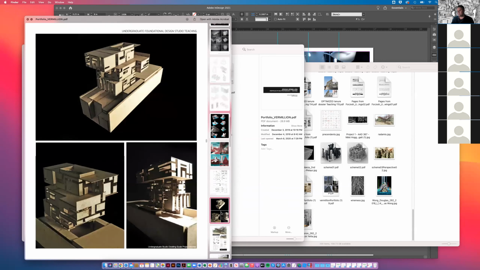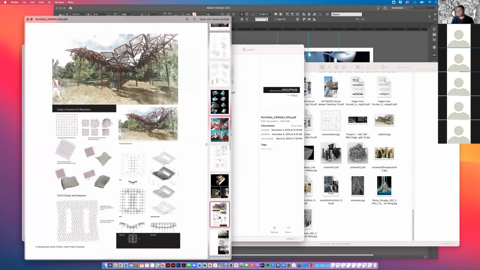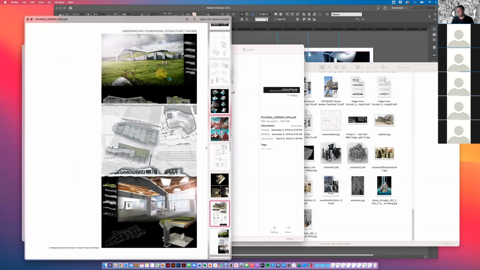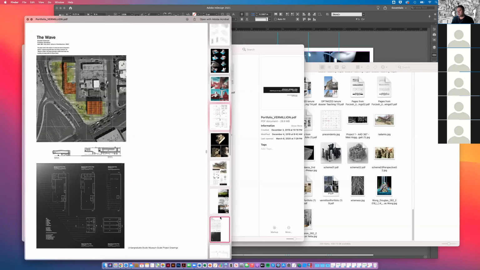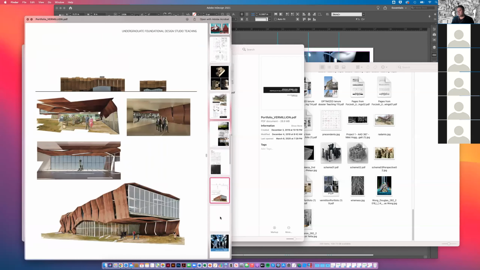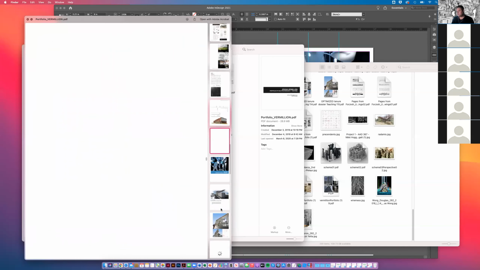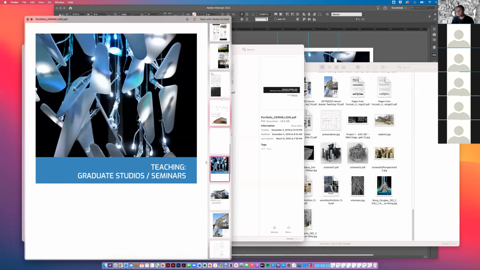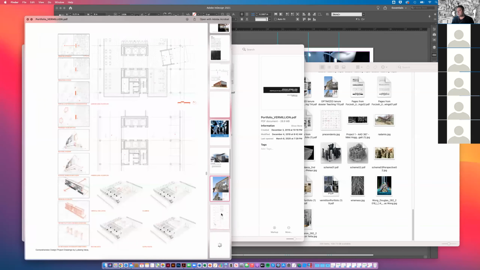So now I've taught all over this school, second year, third year. Grad. Now there's a floor plan. Yeah, look at that.